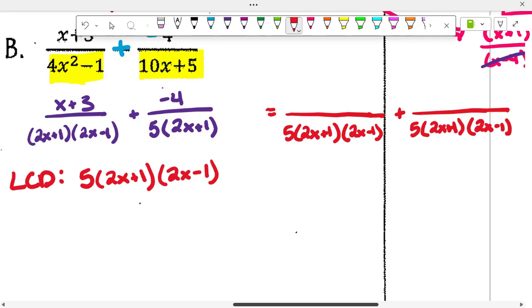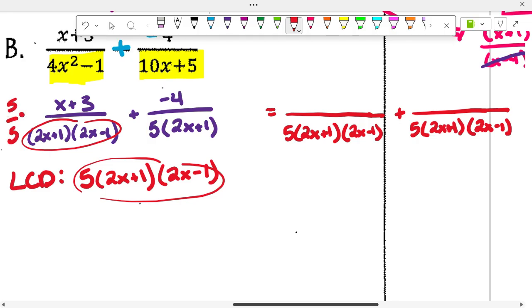So, first fraction, what's the denominator missing from the LCD? A 5. So I'm going to multiply the top and the bottom by 5. So this would be 5 times x plus 3.